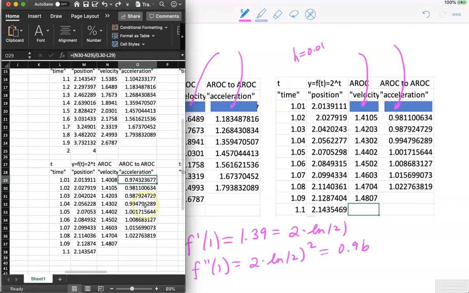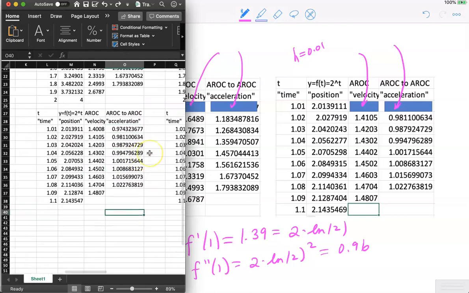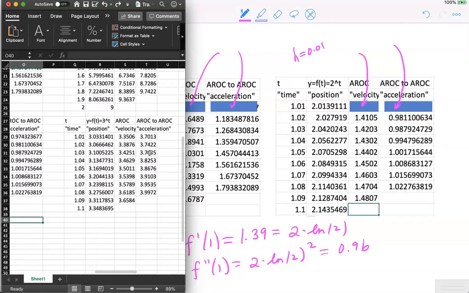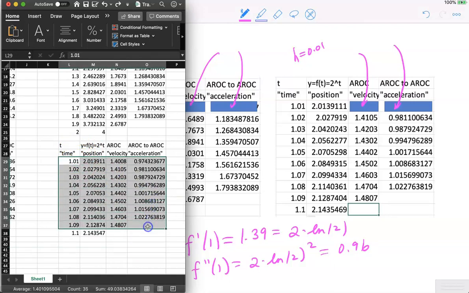So if we wanted to find this number right here for the acceleration exactly, we could compute the values more exactly.